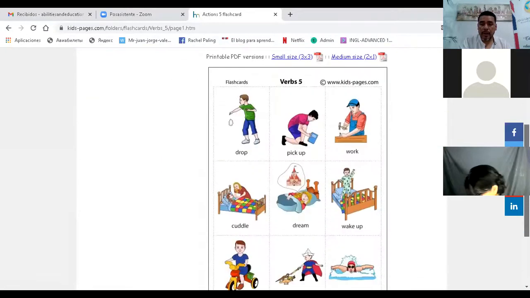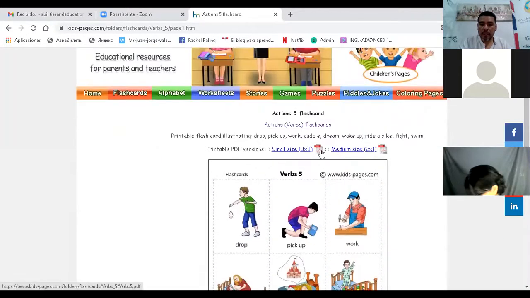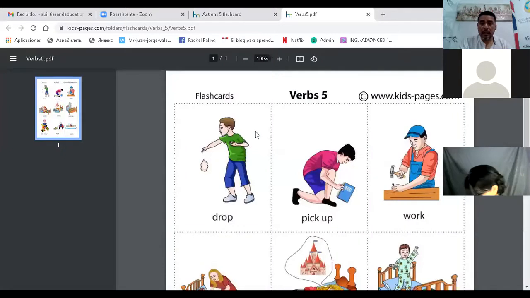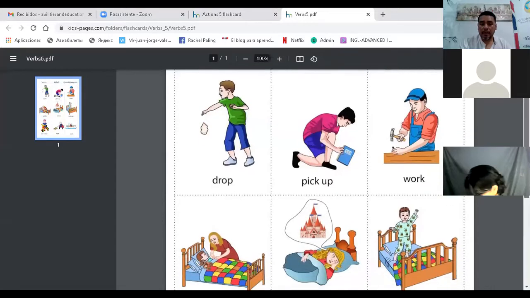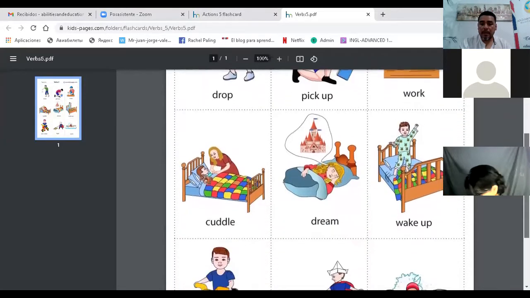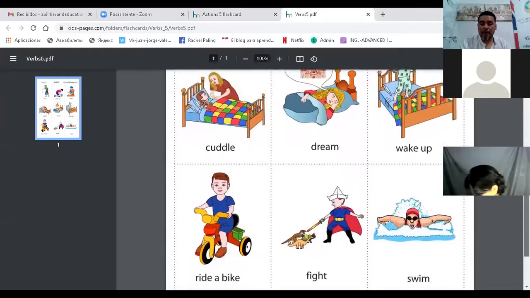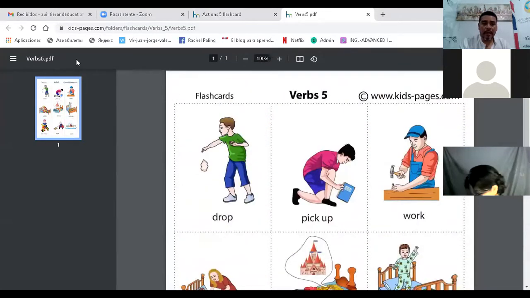You click here, then you click here, you choose the size, small size or medium size. You click on the icon of the PDF document, and then you can download it and save it on your computer. Drop, pick up, work, wake up, dream, cuddle, ride a bike, fight, swim. What do you think of this? Do you like it?